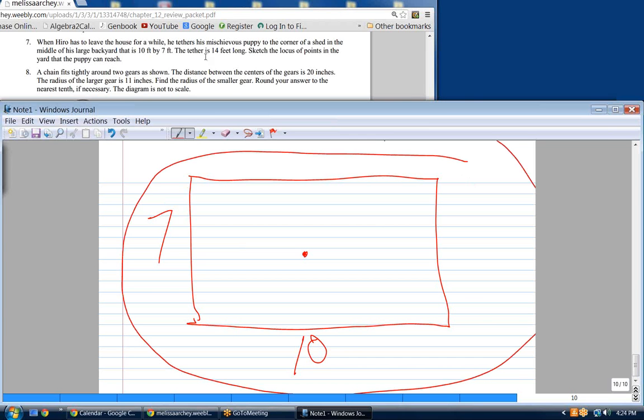He must have made a mistake, because that means the tether can go out to 14 feet in a circular direction, which means that the dog, if the yard wasn't there, could go in a 14-foot radius from the middle of that yard.